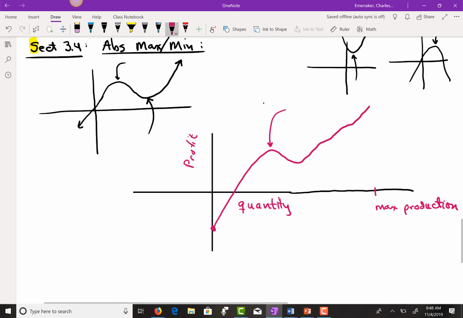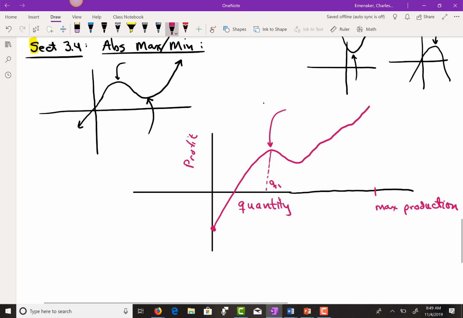When you are computing your profit and you need to know what level of productivity we need to establish to maximize our profit, one option would be this value right here. We'll call this Q sub 1. It's one of the quantities that we could use.